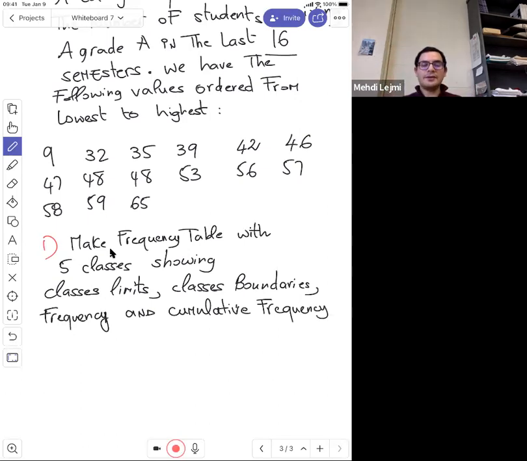So again, in this frequency table, you don't have to include everything. We need the class limits, class boundaries, frequency, and cumulative frequency. Again, this is for the purpose of this exercise.